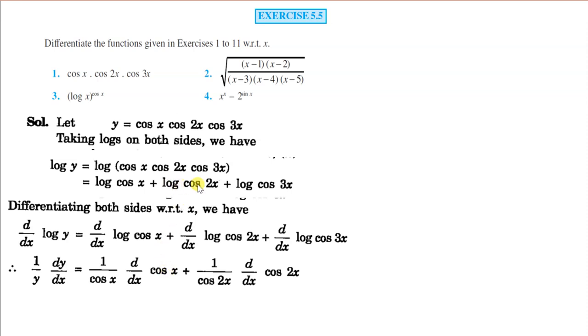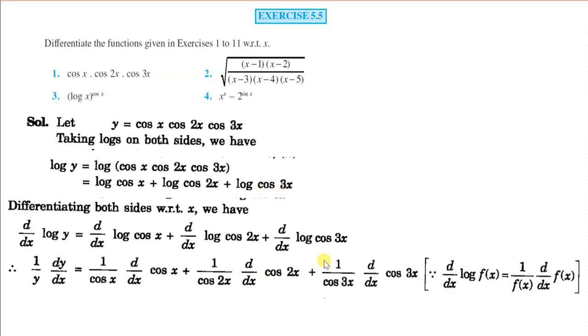Similarly in the second one, 1 by cos 2x into d/dx of cos 2x, the chain rule applied here also, for the second term as well. And the next one is log cos 3x, so 1 by cos 3x into d/dx of cos 3x. Now the derivative of cos x is minus sin x, and the derivative of cos 2x is minus sin 2x into d/dx of 2x.